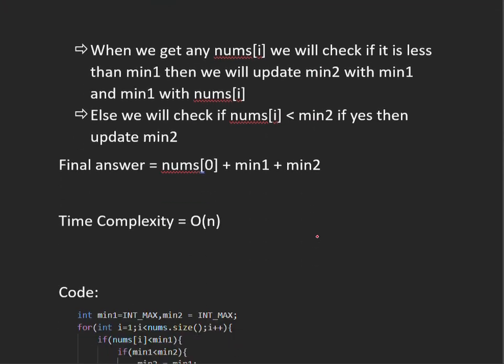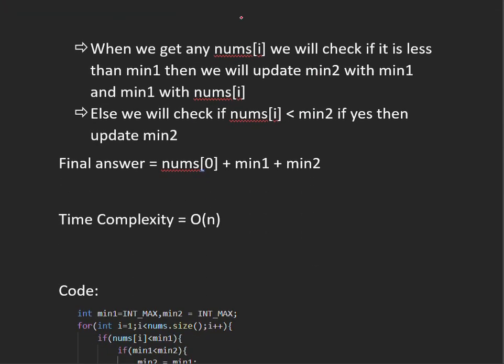When we get any nums[i], we check whether nums[i] is less than min1 or not. Suppose it is less than min1, then we update min2 with min1 and then min1 with nums[i]. Let's see an example.